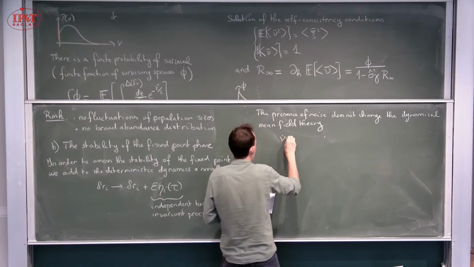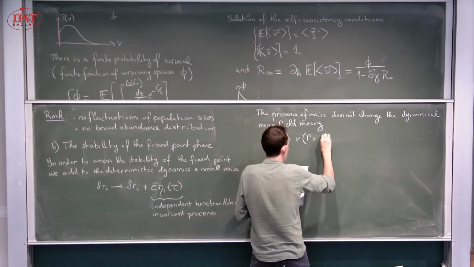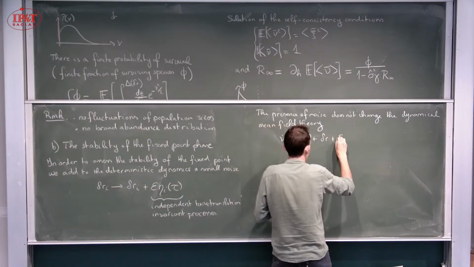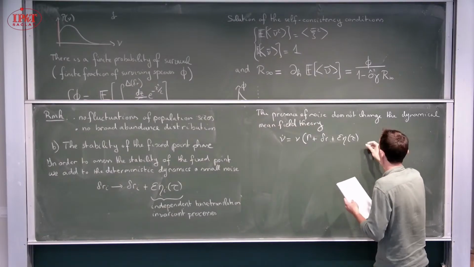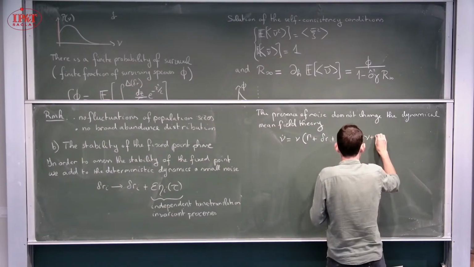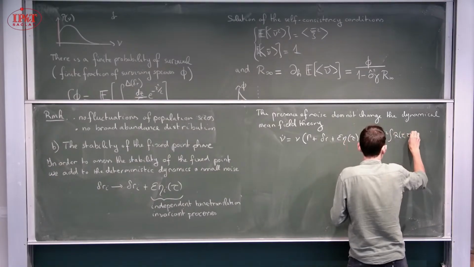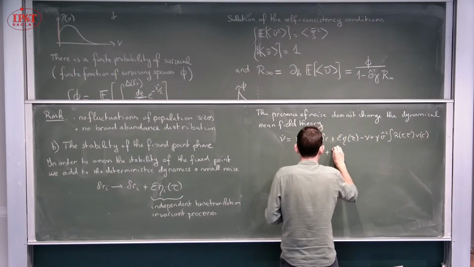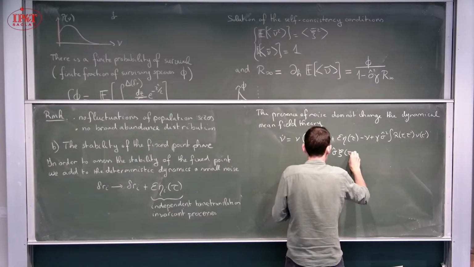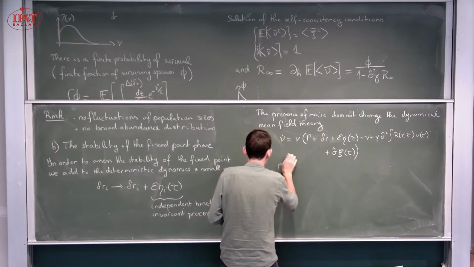And so what you get in the dynamical mean field theory picture is pretty much the same thing as before, except that now you have to add the noise. And you have the same set of equations.